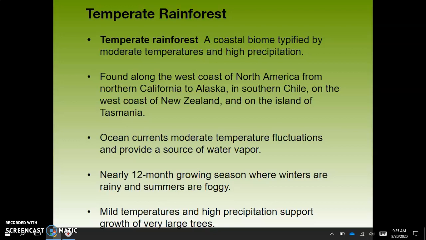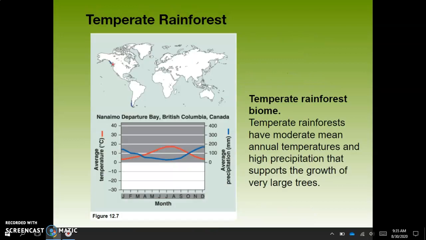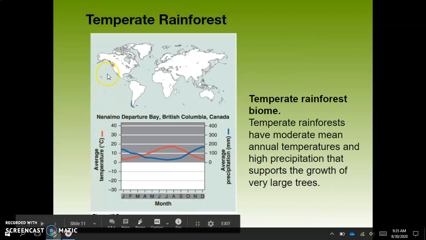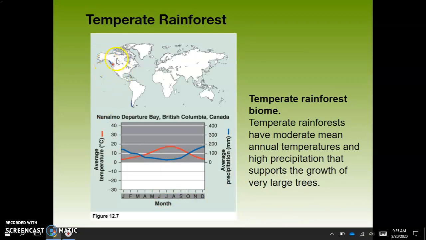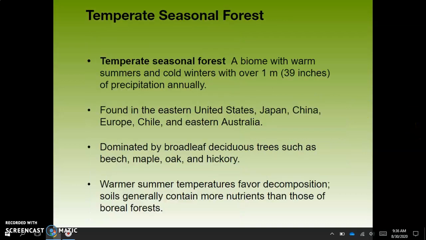And then there's nearly a 12-month growing season where winters are rainy and summers are foggy. Mild temperatures and high precipitation support growth of very large trees. Okay, so think like Washington State in the United States and in Northern California, where there are a lot of really huge trees. And again, we've got high precipitation and moderate temperatures all year round.